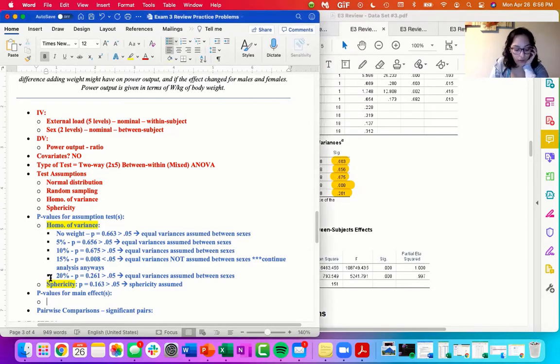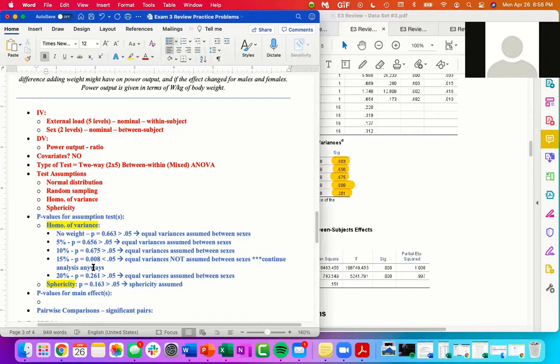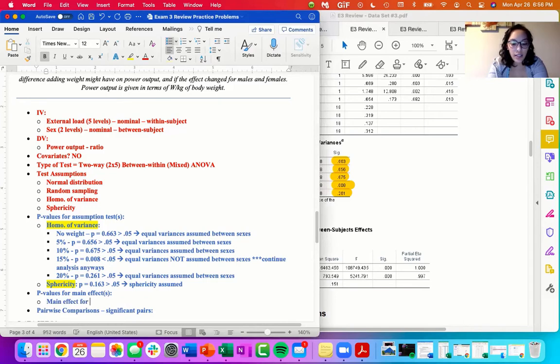Okay. So for a two-way ANOVA, how many main effects are we going to have? Two. Well, three technically. Yeah. So we'll have a main effect for the load, which is going to be our test of between subject effects.